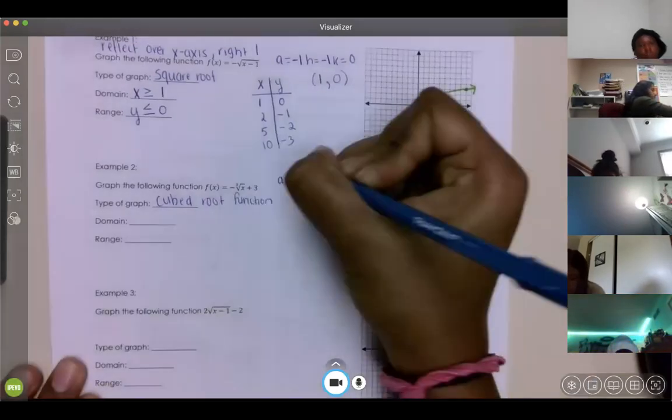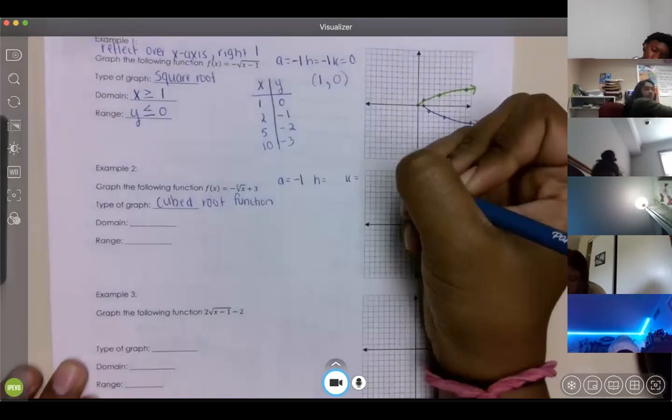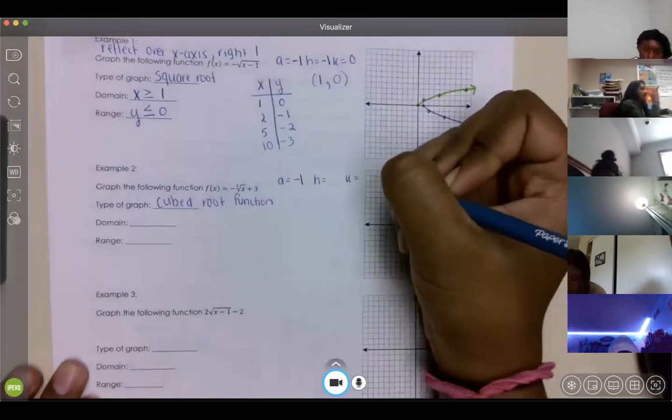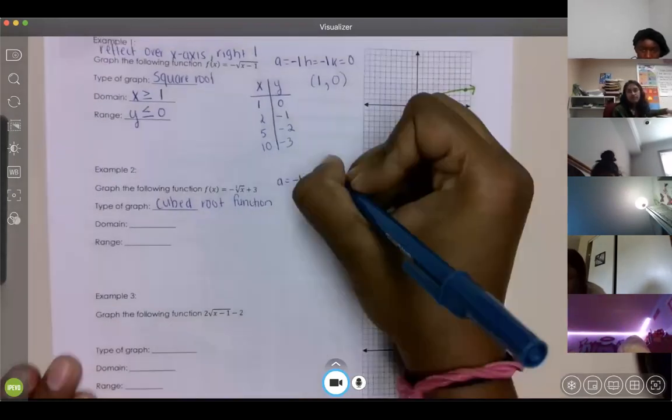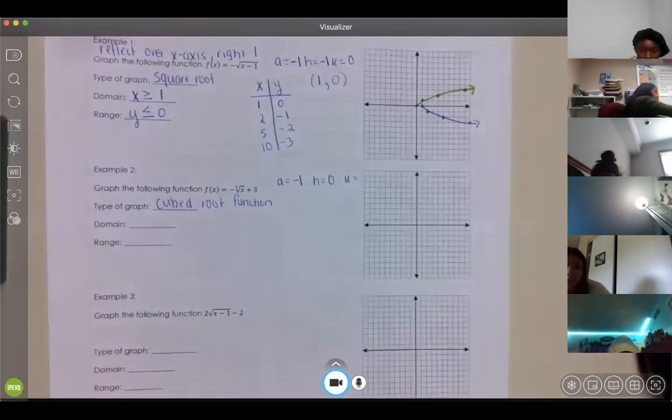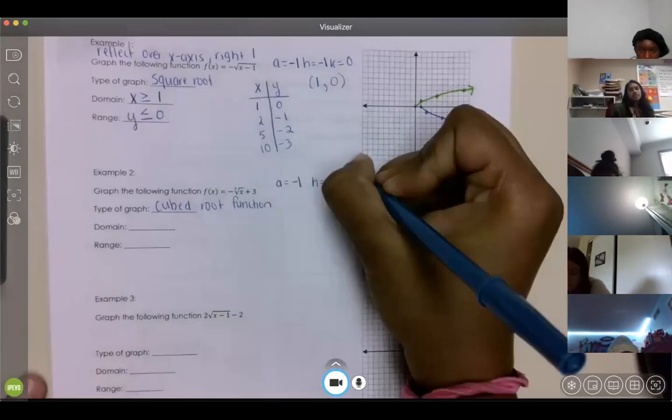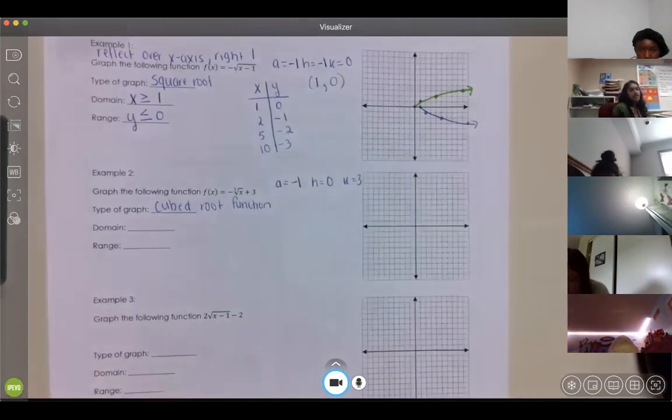Your H, you don't have an H. 0. Yep, 0. And your K is 3. Good job. All right, so Sandra said that A is -1, H is 0, K is 3. So how does that shift my graph? What do you think, Ethan?